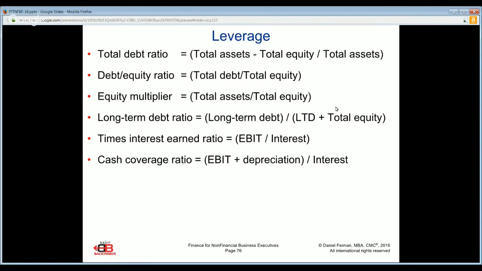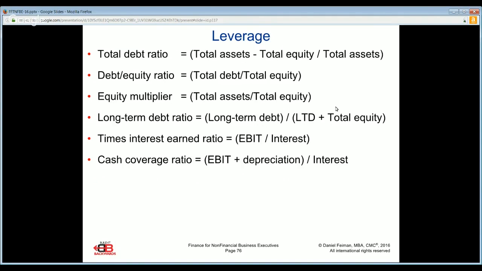If the times interest earned ratio is static or growing, it makes the bank comfortable. It says the company's profit, operating profit here, EBIT, is growing at a higher rate than is the interest obligation to the organization, to the bank. That's what a lender wants to see.